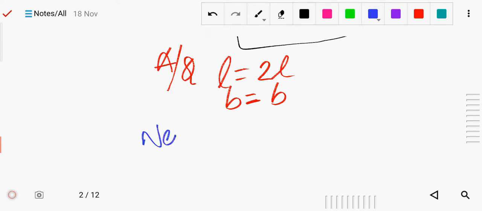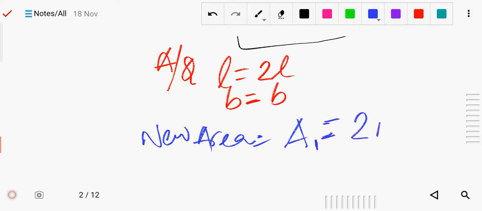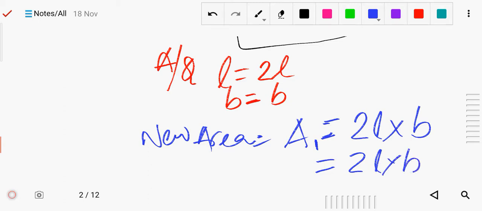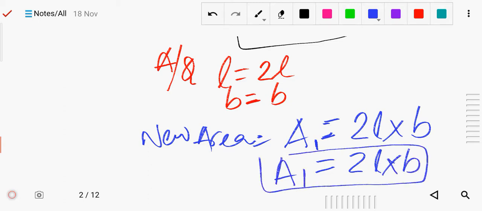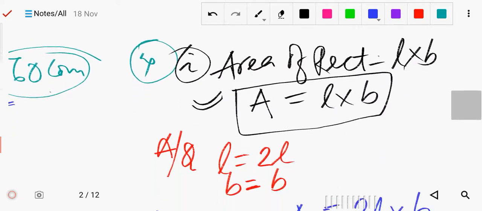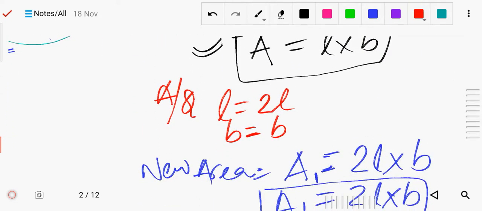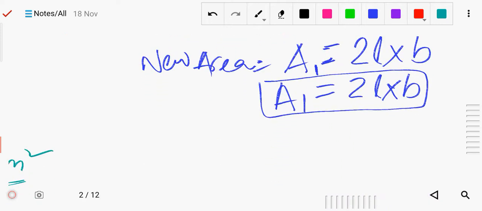Suppose we write A1 equals L into B, where the value of L is 2L and the value of B is B. So 2 into L into B. Now the new area is 2LB. Now you can compare with the old one. The difference is that there is only LB there, but here it is 2 times more than the previous one.